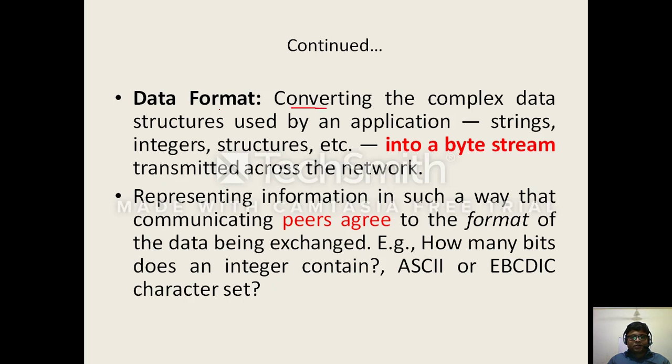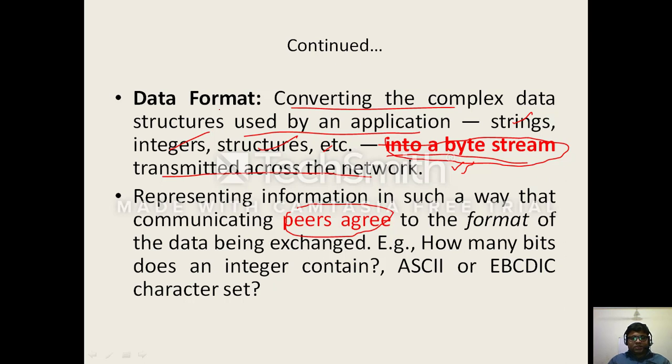Converting the complex data structures used by an application, strings, integers, structure, etc., into a byte stream transmitted across the network. It means whatever is the data structure, either it is string or integer or structure, that must be converted into a byte stream, representing information in such a way that communicating peers agree to the format of the data being exchanged.